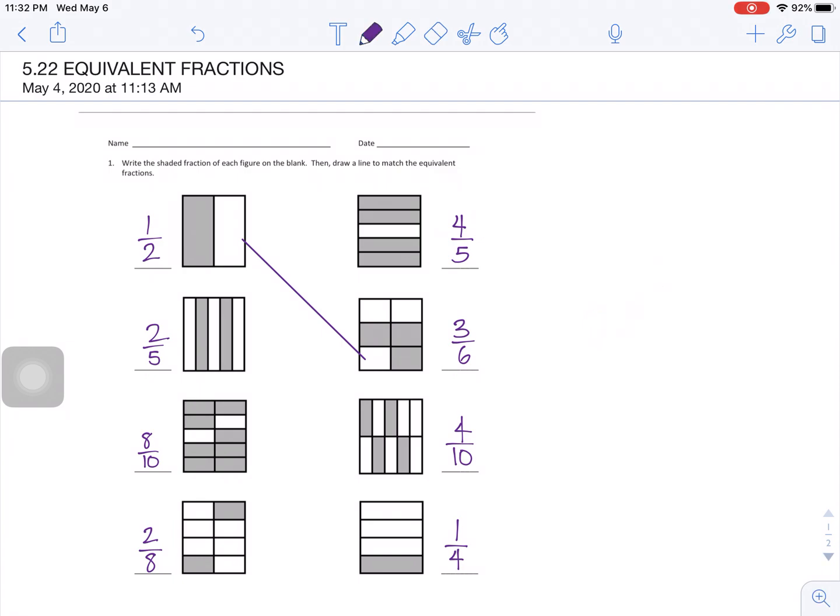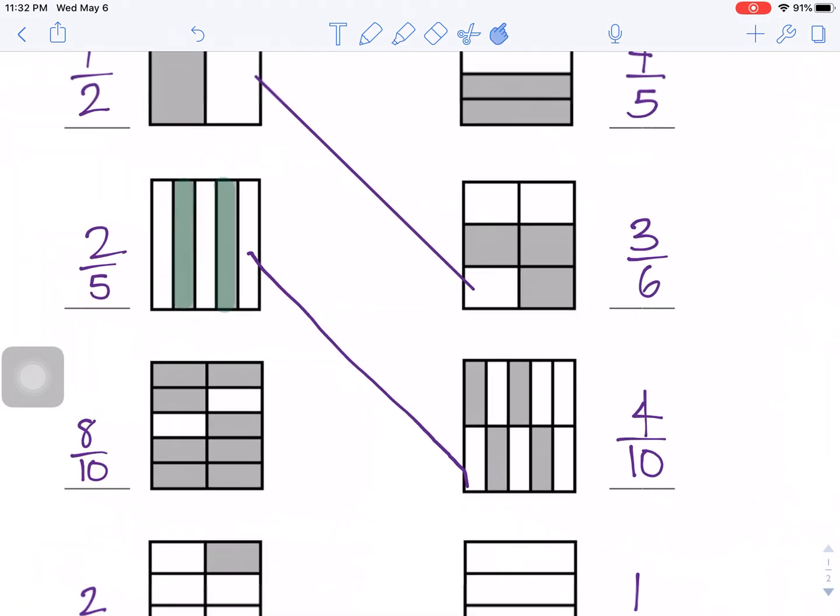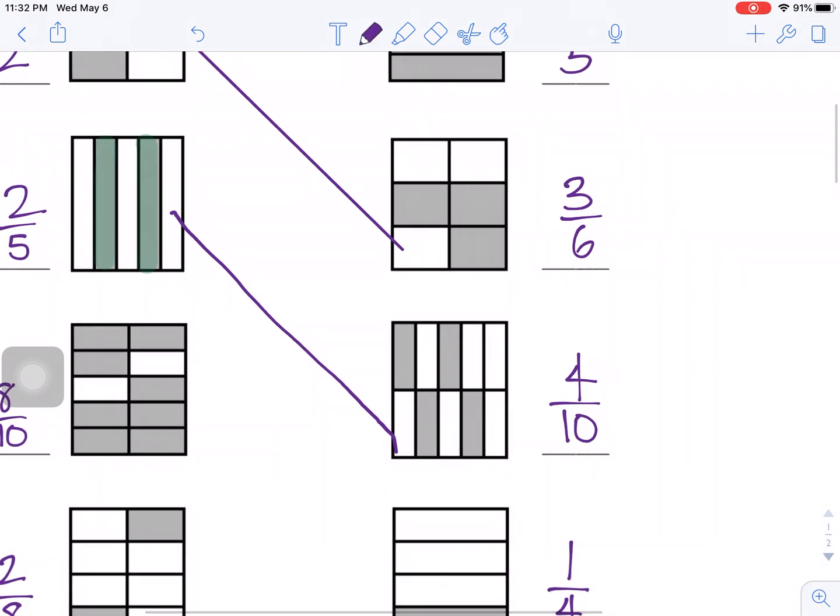So I have 2/5. Look at 4/10 and 1/4. Which one of those looks like it could be the same? Yep, 2/5 and 4/10. Those are the same, because let's look at this. Let's zoom in a little bit here. If I color in this stripe and this stripe on 2/5, you can even see that their shape looks a little bit the same. That's not always going to happen, but sometimes it will.